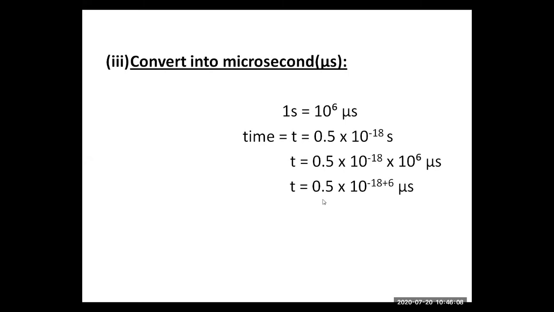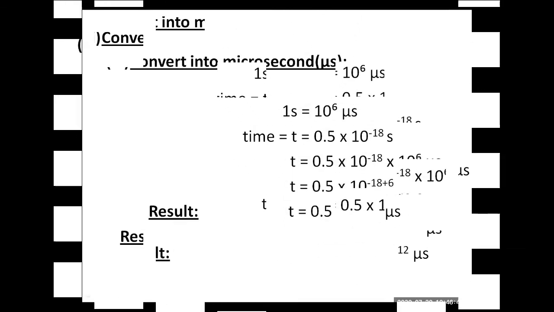Then t is equal to 0.5 multiplied by 10 raised to the power minus 18 plus 6, so minus 18 plus 6 is minus 12. So t is equal to 0.5 multiplied by 10 raised to the power minus 12 seconds. Now we just have to end.